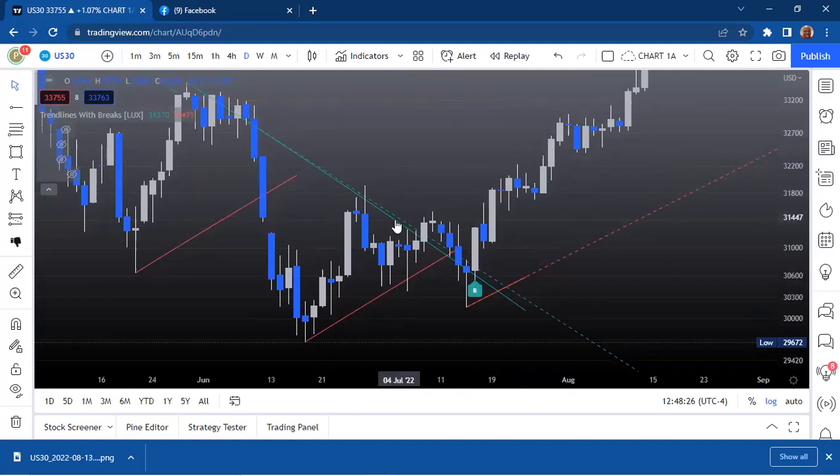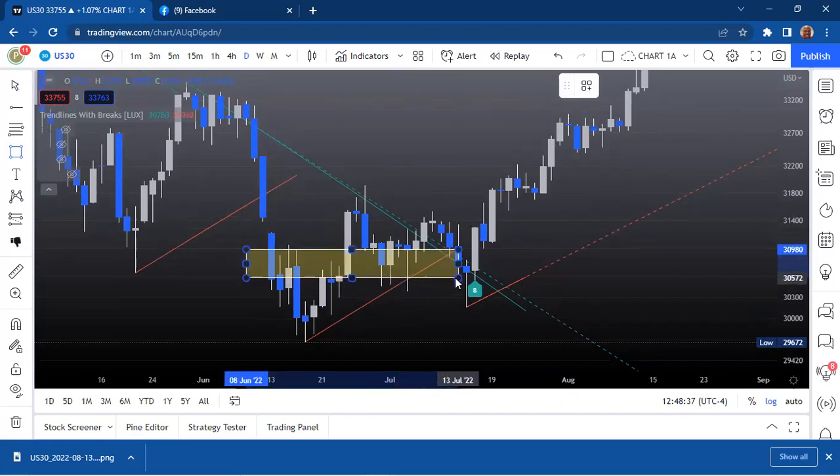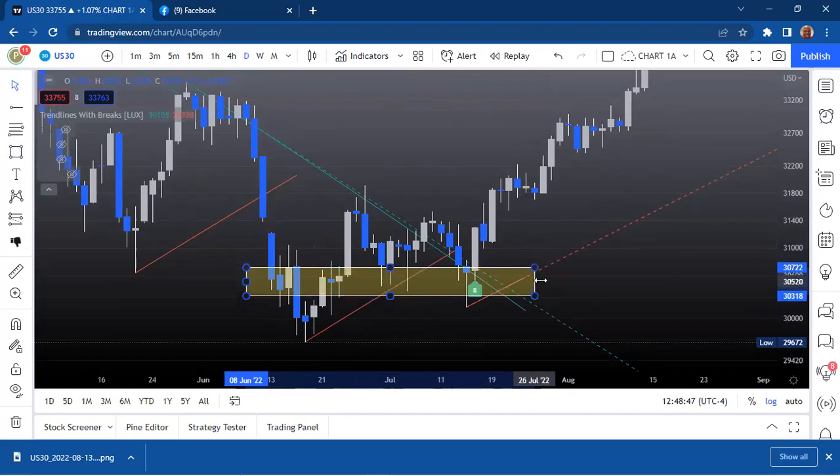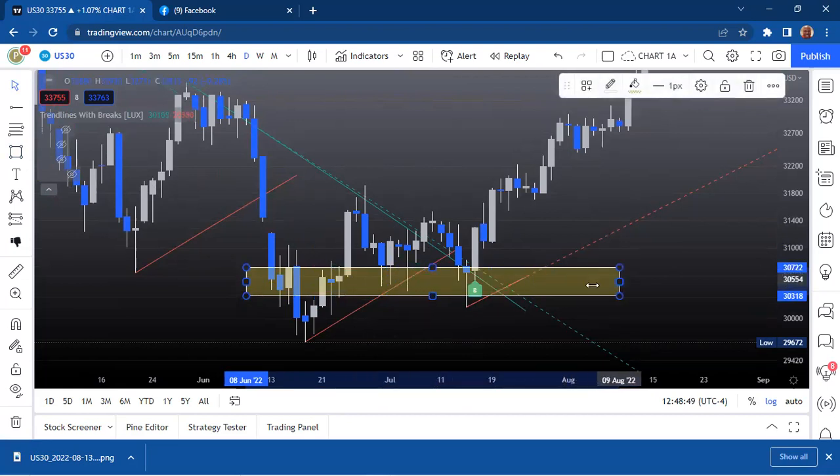Because look what it did. It broke out, right? Here's a green line.